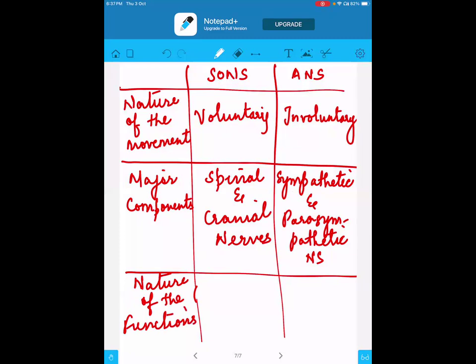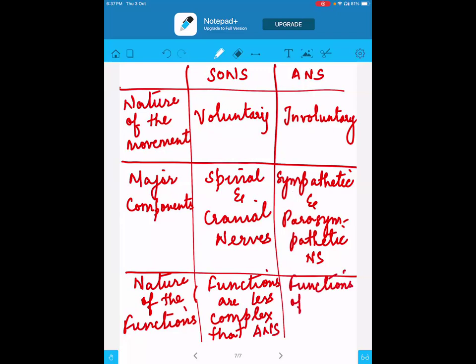So the nature of the function here: the functions are less complex than in the autonomic nervous system. Whereas here it becomes complicated because we cannot control them. So functions of the autonomic nervous system are more complex.